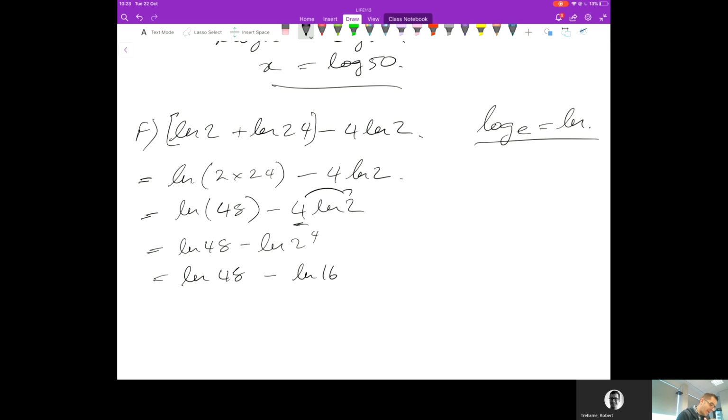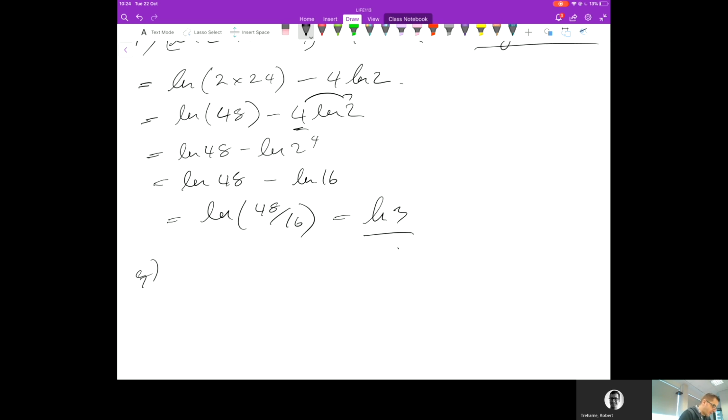Now I can use my subtraction rule to get ln of 48 over 16. Turns out 16 is a factor of 48. It goes into it 3 times. Answer is ln 3. You can leave it like that.